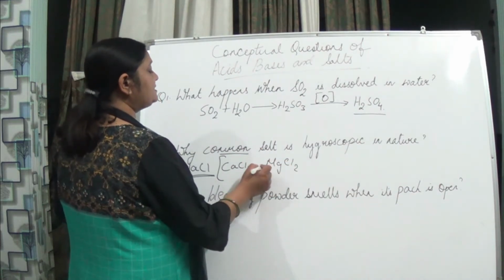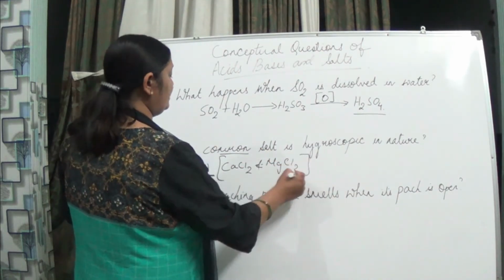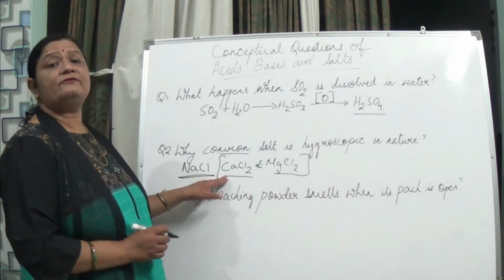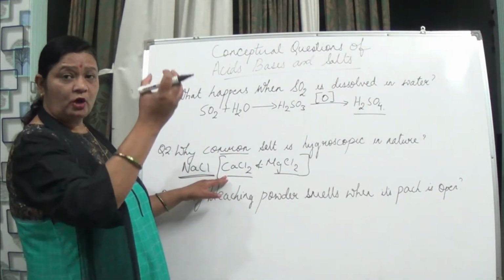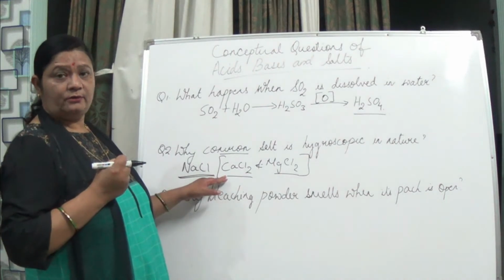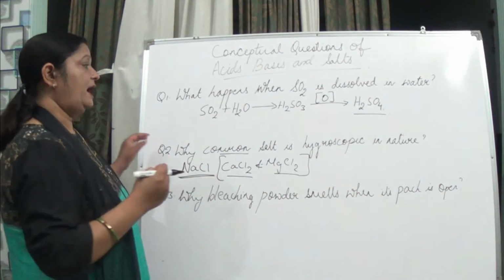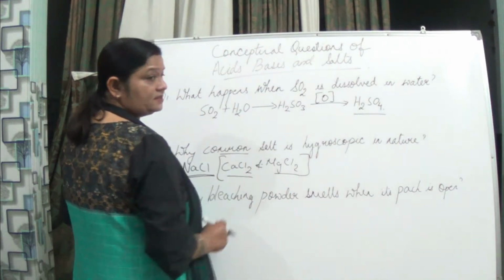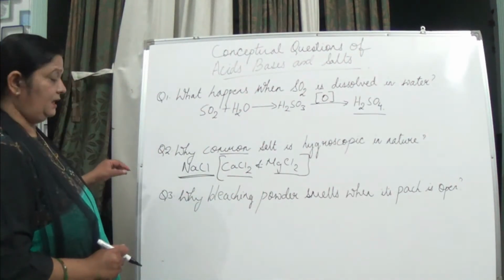These calcium and magnesium chlorides have the property of absorbing moisture from the atmosphere, and thus we say that common salt is hygroscopic in nature.